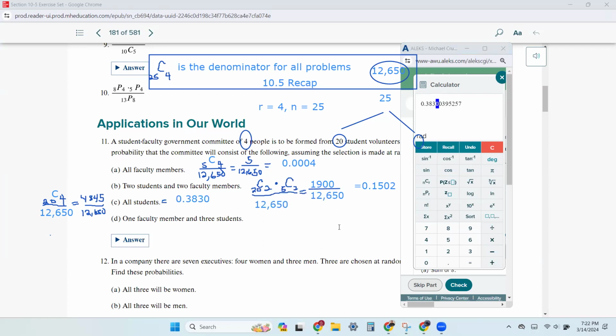All right. So the last one I'll do back on the right side. All right. So now we got an "and". And when we have an "and", like we did up here, see, we multiplied. So what we're going to do is we got to do the faculty side and we got to do the student side.